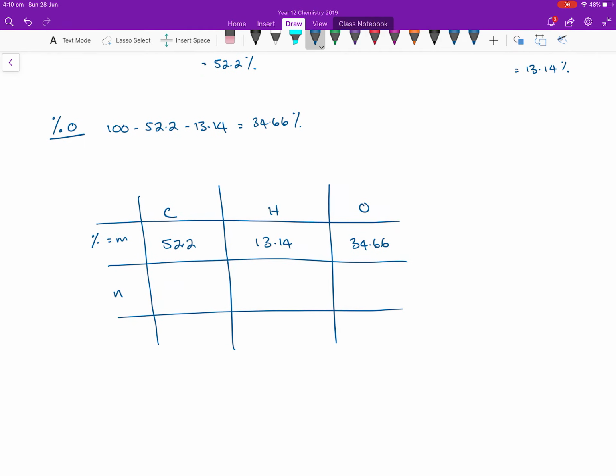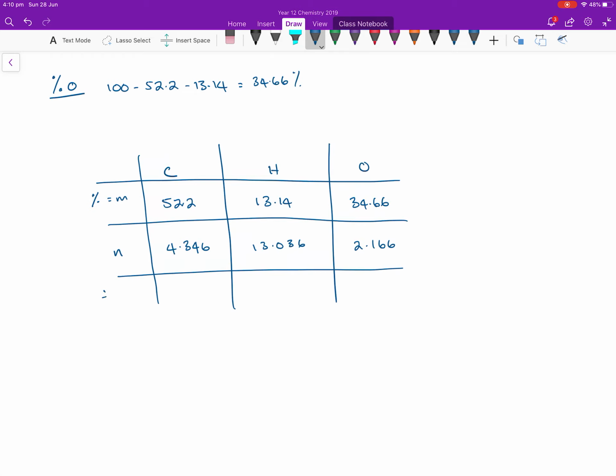Next one was our moles, remembering to divide by the molar mass of that particular element. So we end up with 4.346 for carbon, 13.036 for hydrogen, and 2.166 for oxygen. The next step was divide by the lowest, so in this case it was 2.166, which means that the oxygen is going to have to be 1.